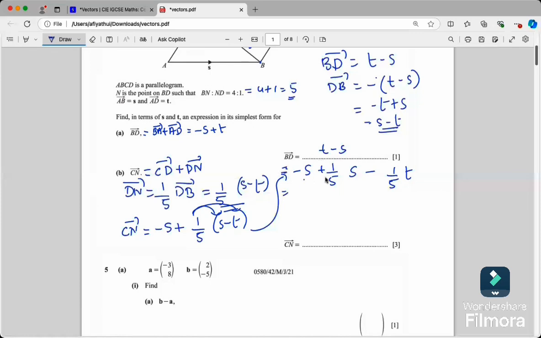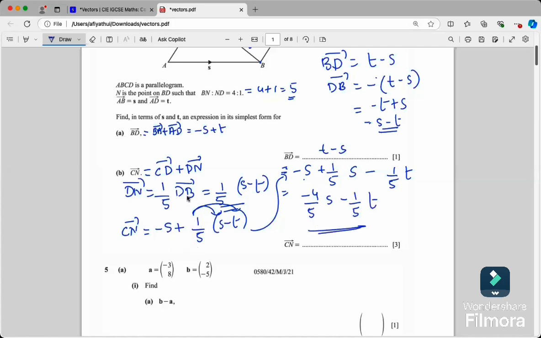Therefore, minus 1 plus 1 by 5. So just simplify minus 1 plus 1 by 5, you're going to get minus 4 by 5 S minus 1 by 5 T. That's all your answer.